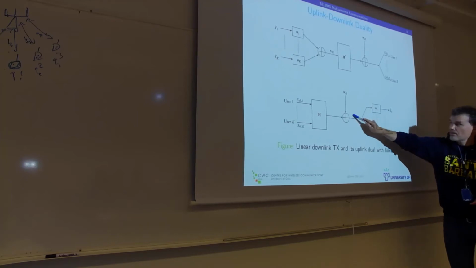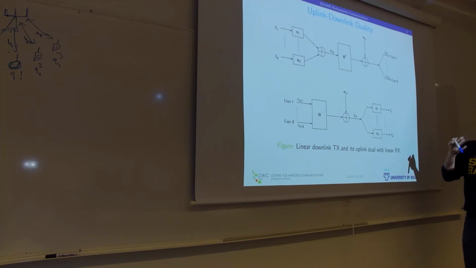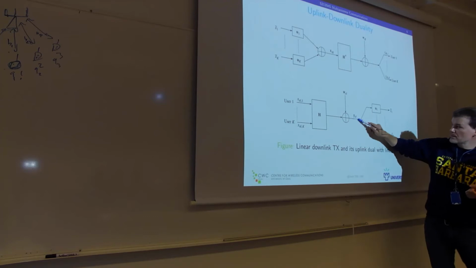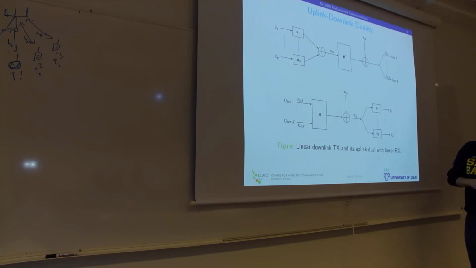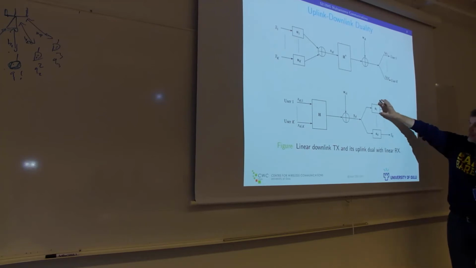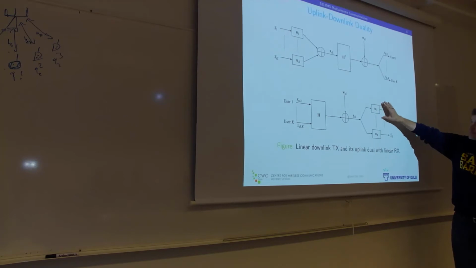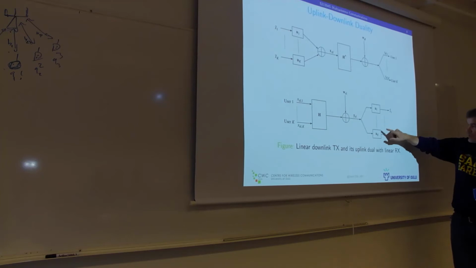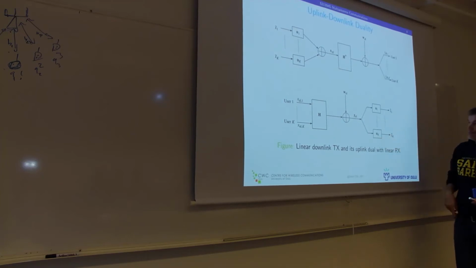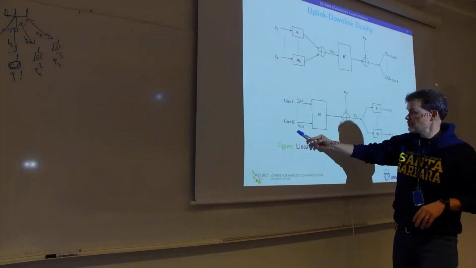And now from this multi-antenna channel, or from this complex-valued vector Y, we can dig out the desired symbol by beamforming. Right, so we assign U1 to UK, and we get an estimate of the transmitted signal.